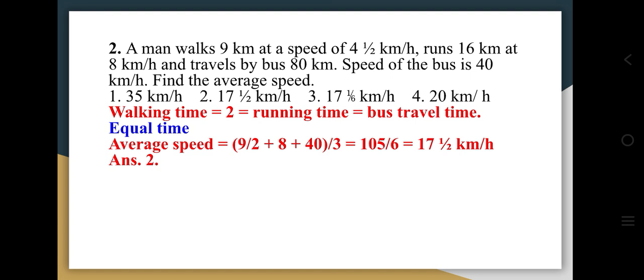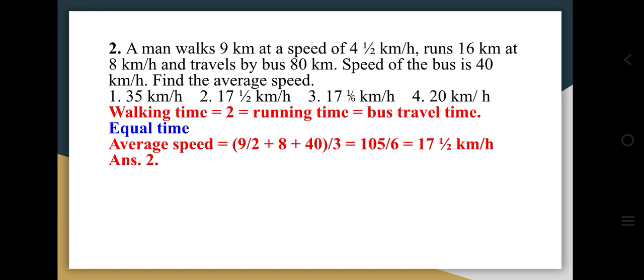So we note the time taken in walking, running and bus travel are the same. 9 km at 4.5 km per hour, so the time taken is 9 by 4.5, that is 2. Running time: 16 km at 8 km per hour, so 16 by 8, which is also 2.